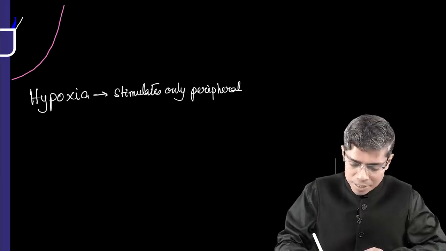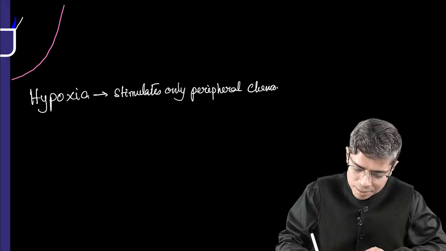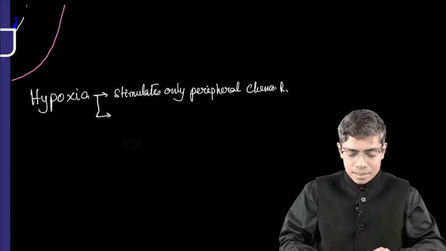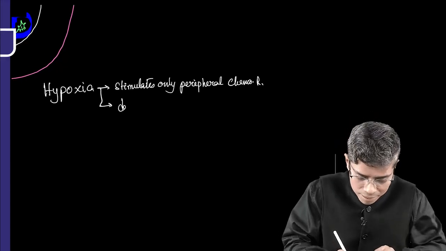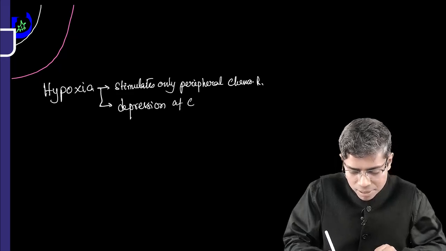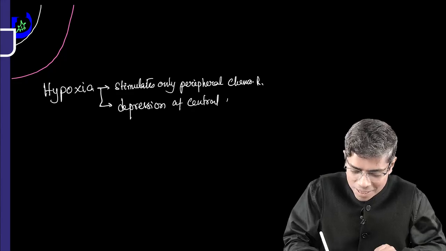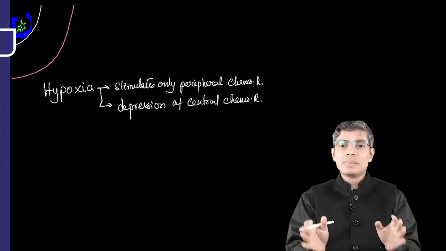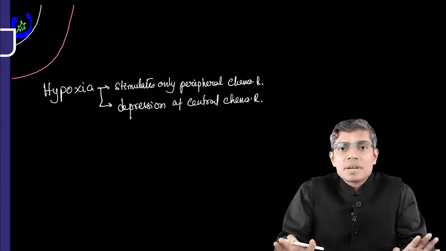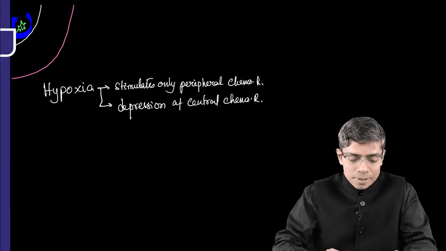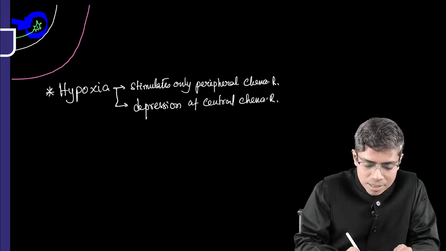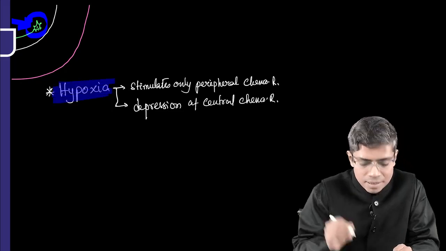Rather than stimulation, hypoxia can cause depression of the central chemoreceptor, but not stimulation. Stimulation is only at the level of the peripheral chemoreceptor. If the hypoxia is severe, the central chemoreceptor can get depressed, but never stimulated.